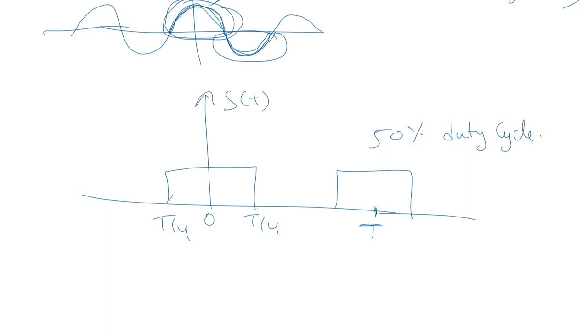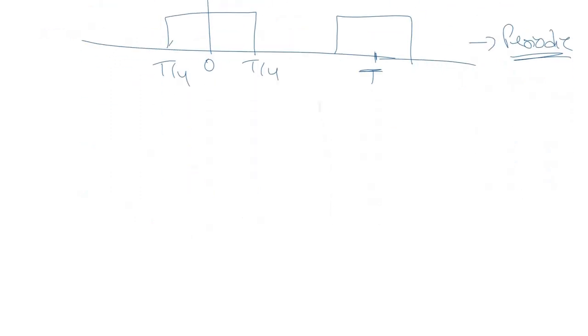Let us find out the expression of s(t), so that we can mathematically analyze the whole process. Since it's a periodic signal, let us go by the Fourier series domain representation of it.